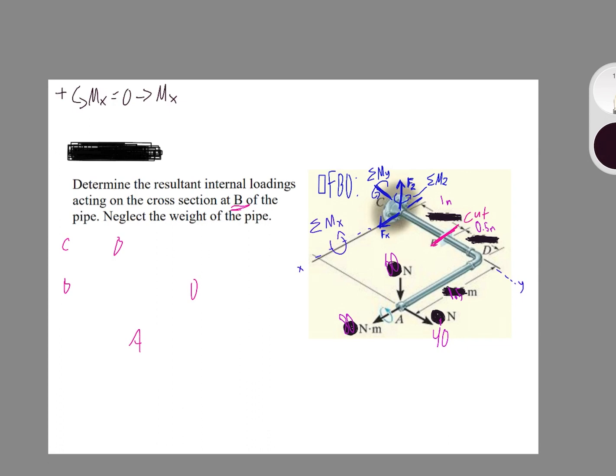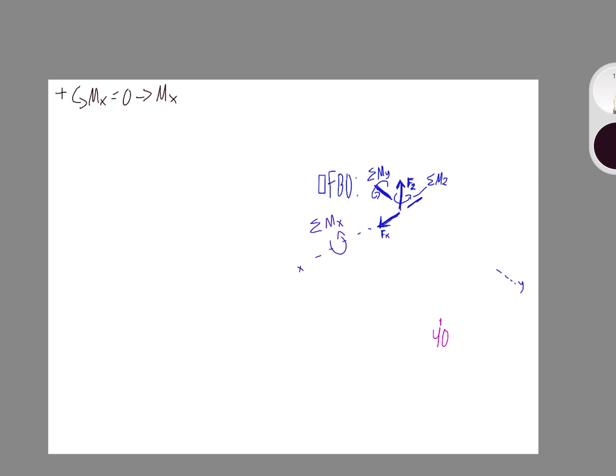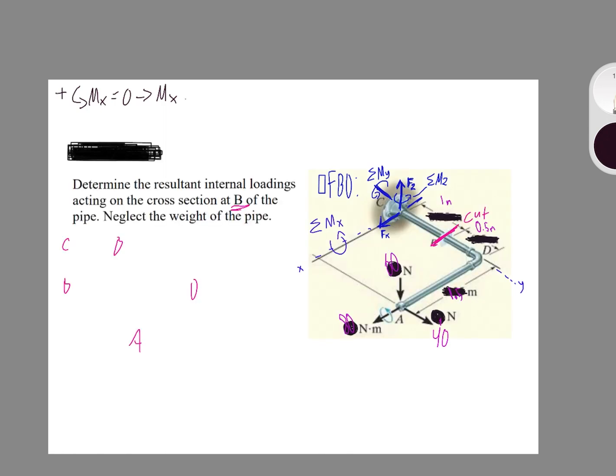It's going to equal Mx plus 80 newtons per meter squared minus 60 newtons.